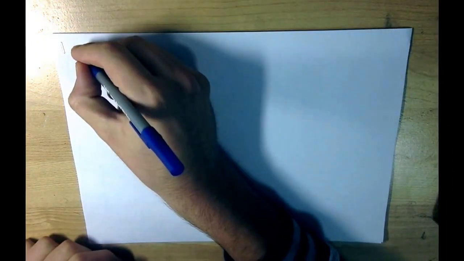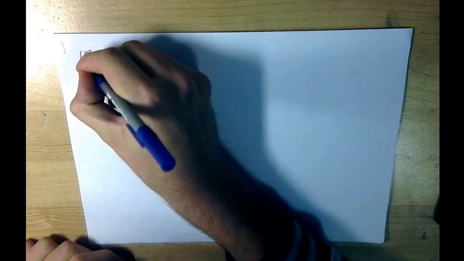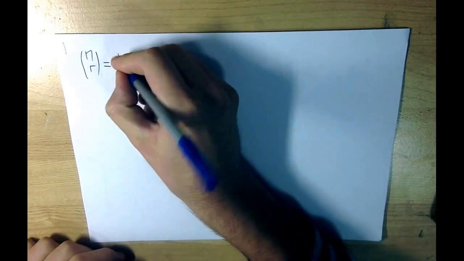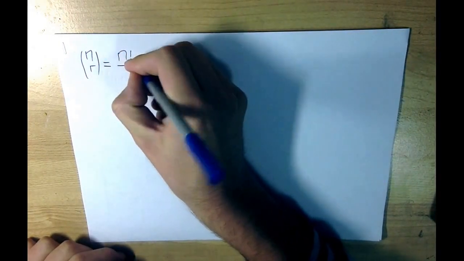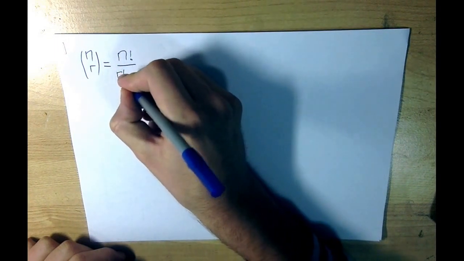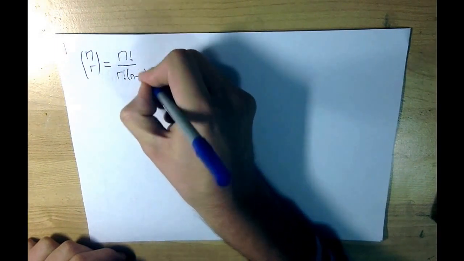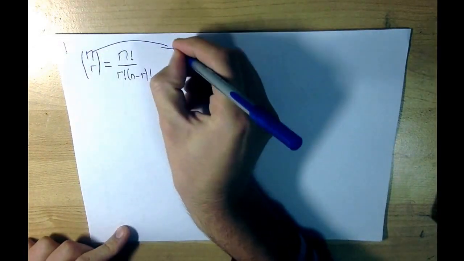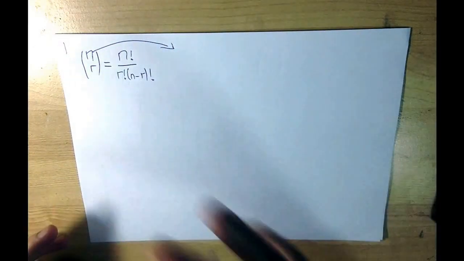Okay, now let me give you the formula for combinations. This equals n factorial divided by r factorial times n minus r factorial. And remember, n equals the number of the bigger group.